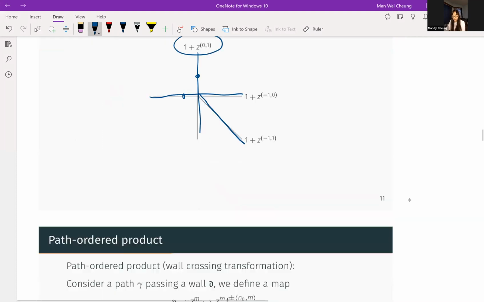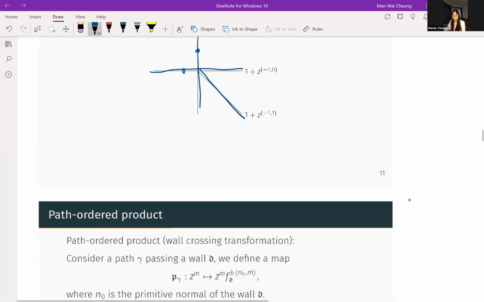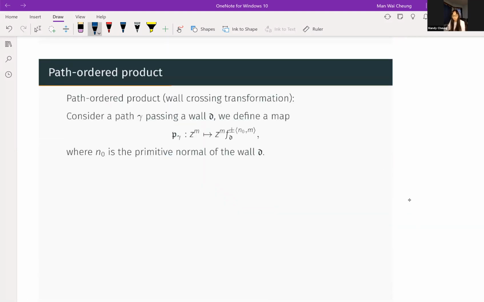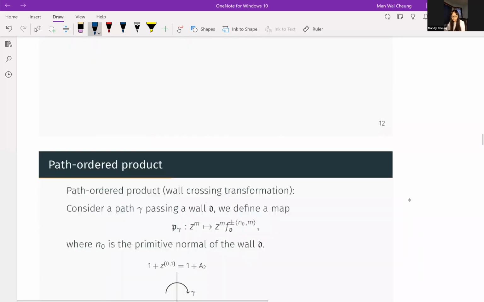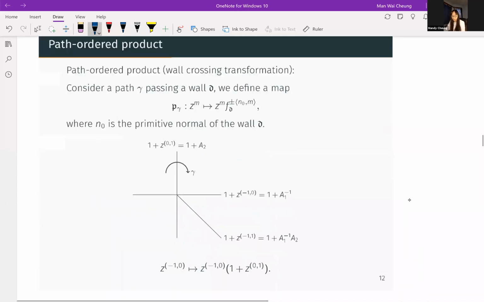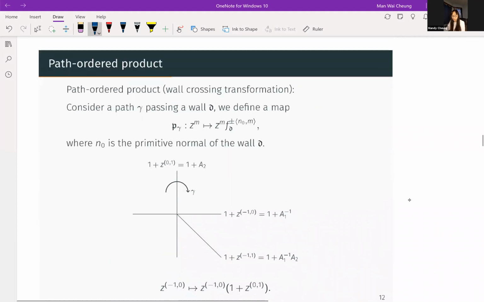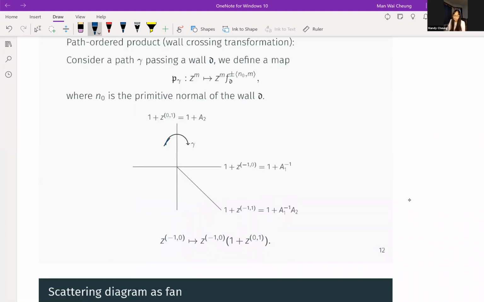What we have next is the path-ordered product, or wall-crossing transformation. We consider a path that crosses a wall D, and then we can define a map on monomials. To illustrate this formula with an example, this is our scattering diagram, and we have this path gamma passing over this wall.